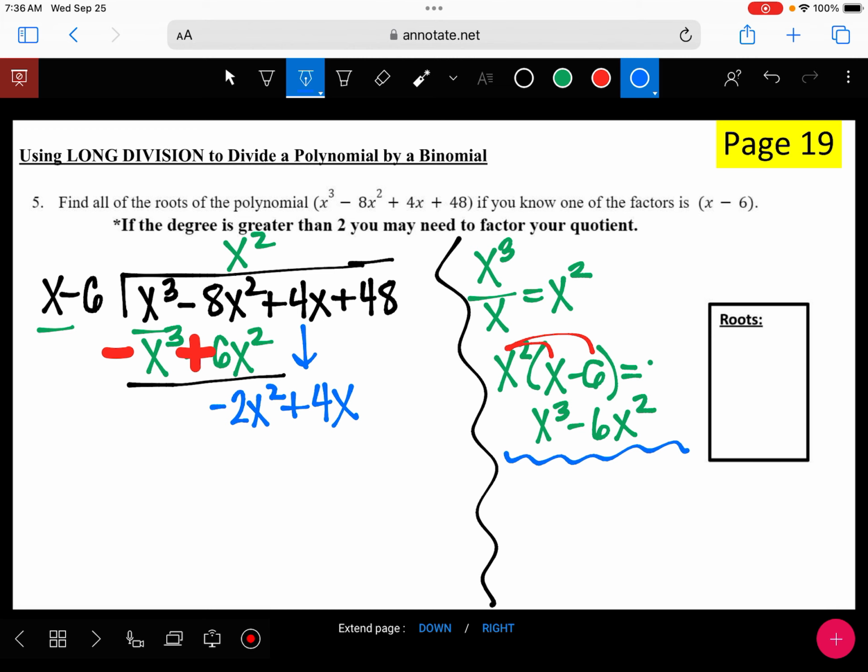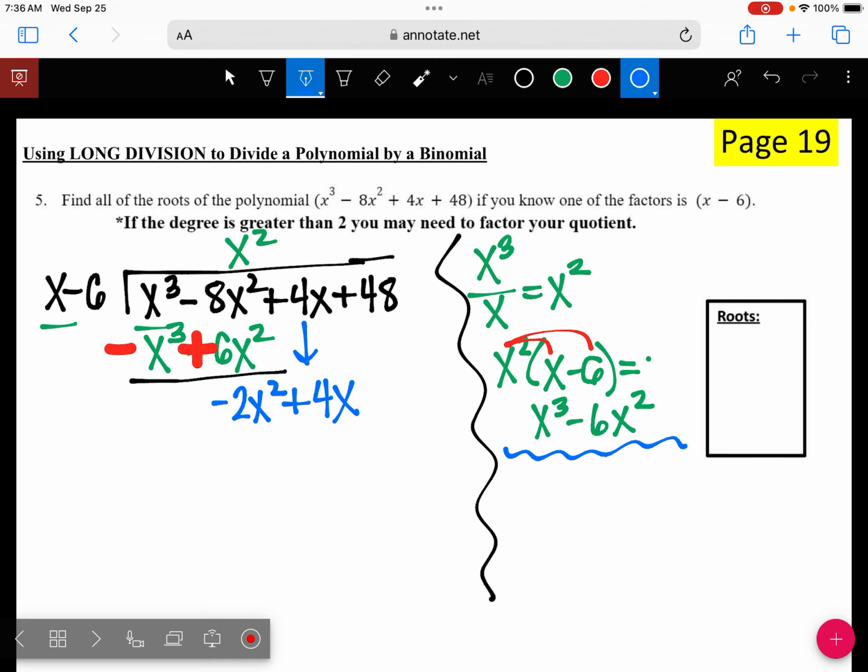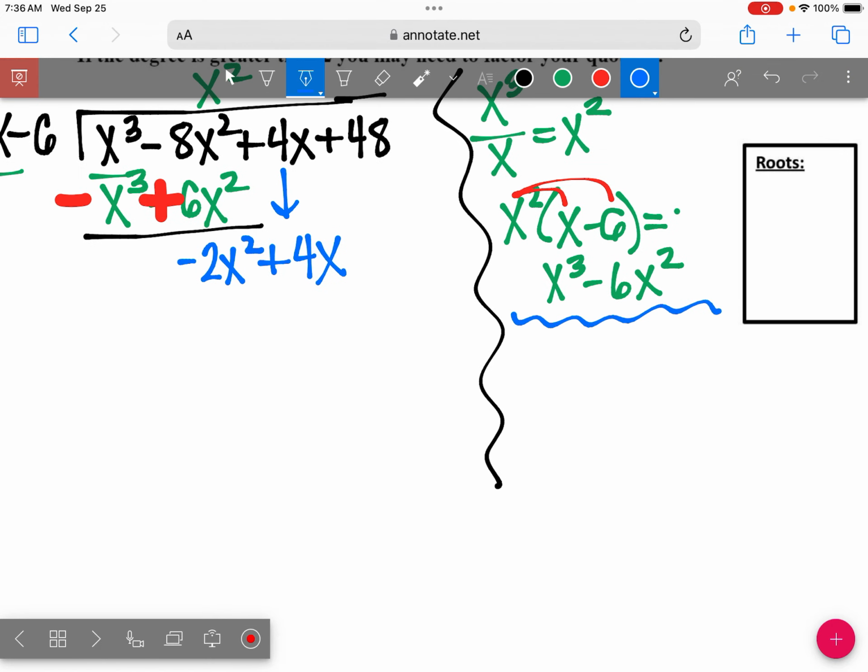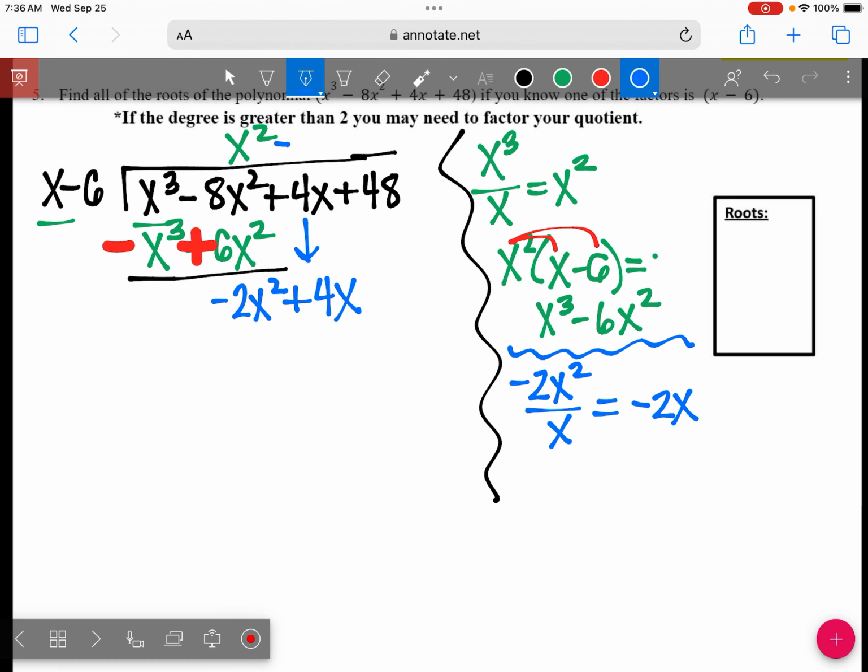All right, go ahead and divide that negative 2x squared by x. So negative 2x squared divided by x gives you negative 2x. Put that on top of the roof. And then we're going to take negative 2x and multiply that by x minus 6.